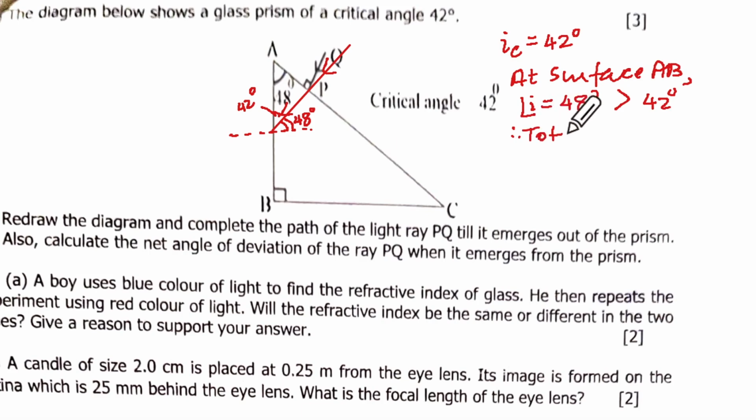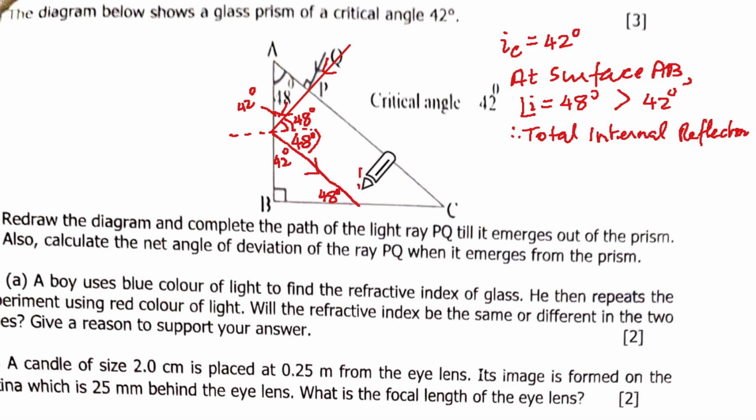Therefore, total internal reflection. So it will go 48. This will be 48 degrees. So this will be 42 degrees. This is 90. So this will be 48 degrees. And show the arrow.